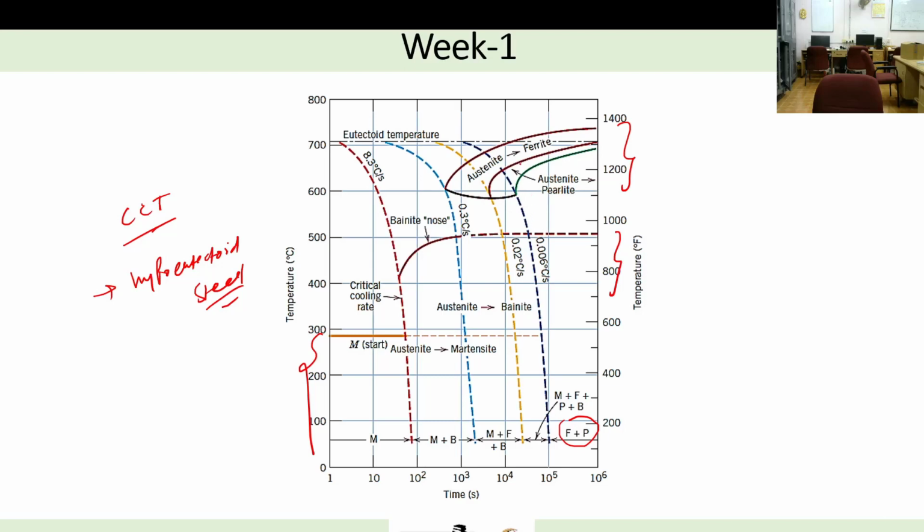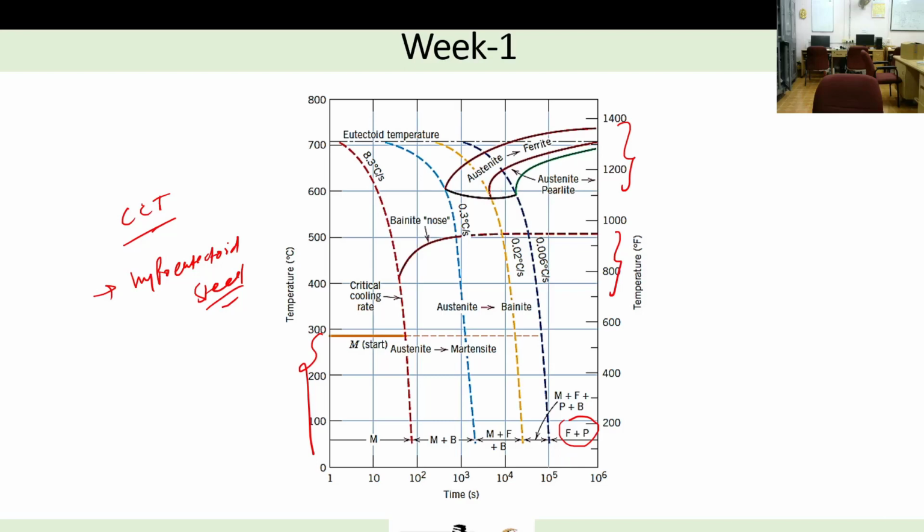Now, what is this middle line saying? This middle line is the pearlitic transformation line, and the critical cooling rate to avoid this pearlitic transformation is this cooling rate. If you are on the right side of this yellow line, pearlite is going to form. You cannot avoid it.